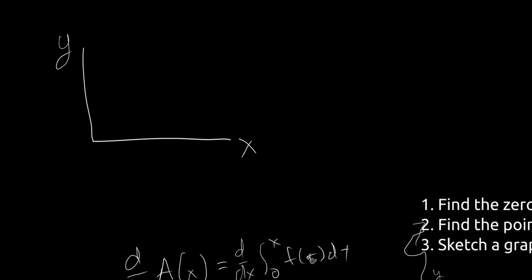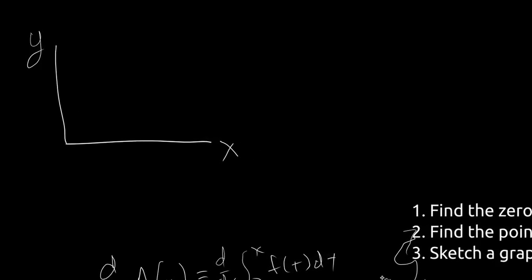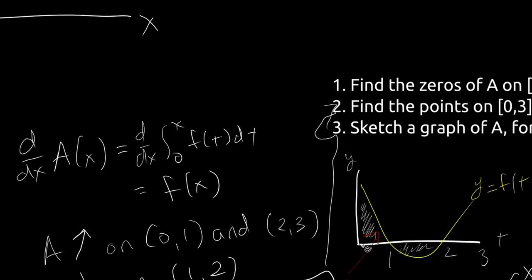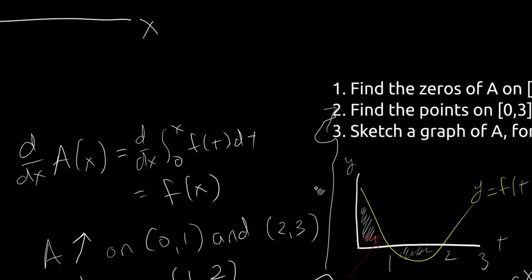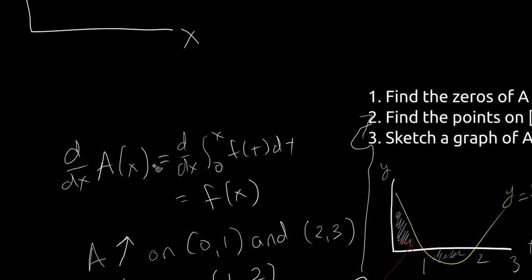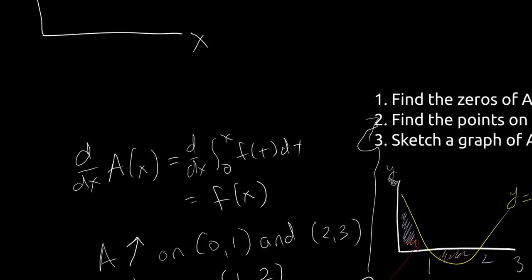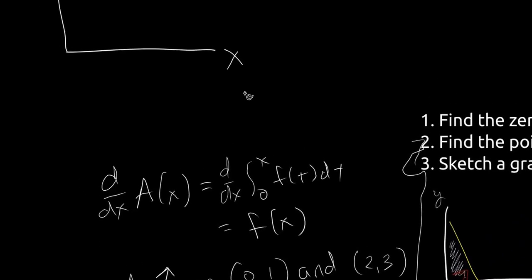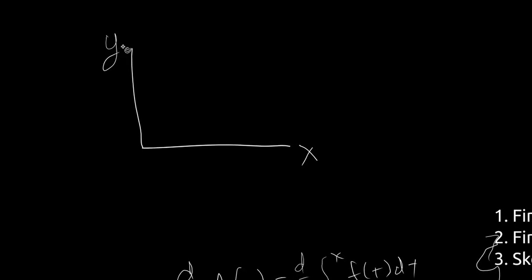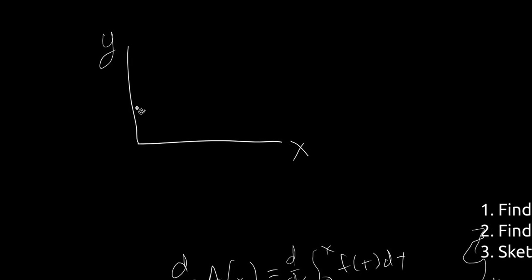F was a function of t, and x was some value between 0 and 3, and that becomes the variable for x, since the variable x was one of the limits of integration. So even though f was a function on the y-t axis, its area function is a function on the y-x axis.